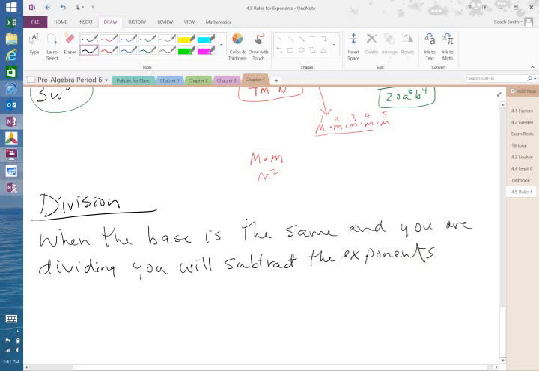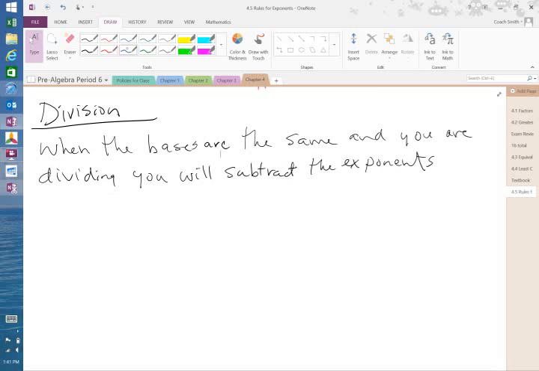All right, when the bases are the same would be the correct English. And you're dividing, you will subtract the exponents. So, for example, 8 to the 12th power over 8 to the 6th power.